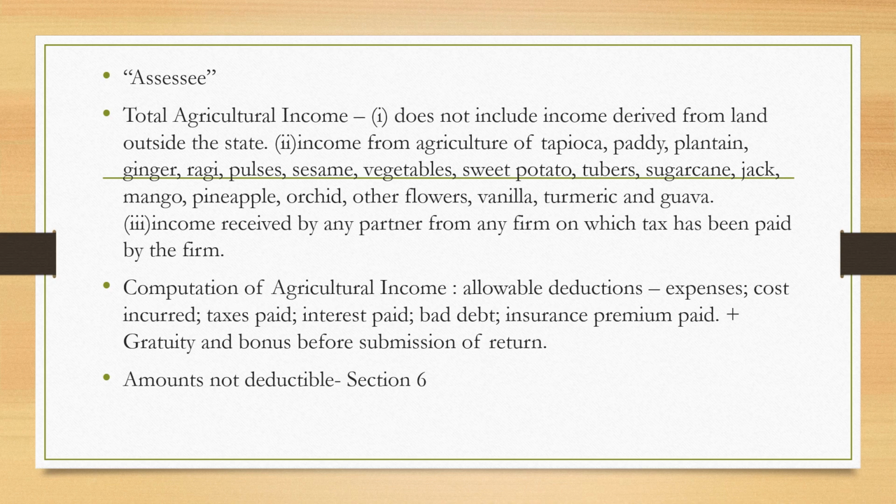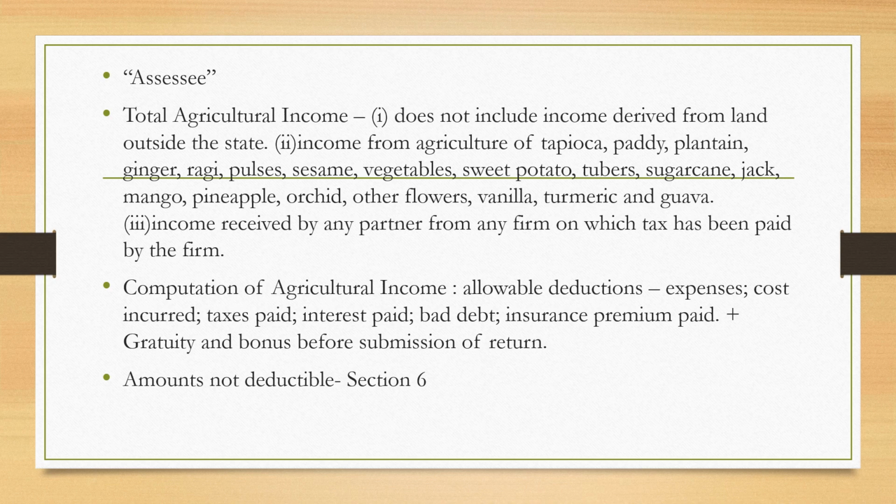The second one is every person who owns or possesses any land in which any crop is grown, the agricultural income of which is liable to tax under the provisions of this act, either on his own account or on account of others. The third category is a person who is deemed to be an assessee under any provision of this act.